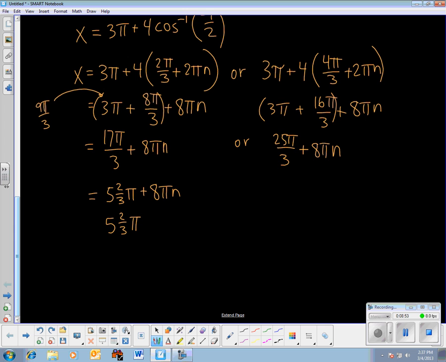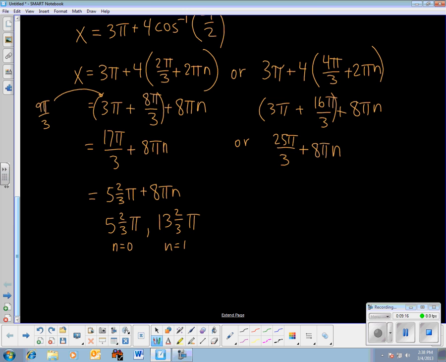If n is -1 and I subtract 8 pi one time, I'm going to go into the negatives. So that's no good. This is for n equals 0. When n is 1, I'm going to take 5 2/3 and add 8 to that. So that's going to be 13 2/3 pi, where n is 1.